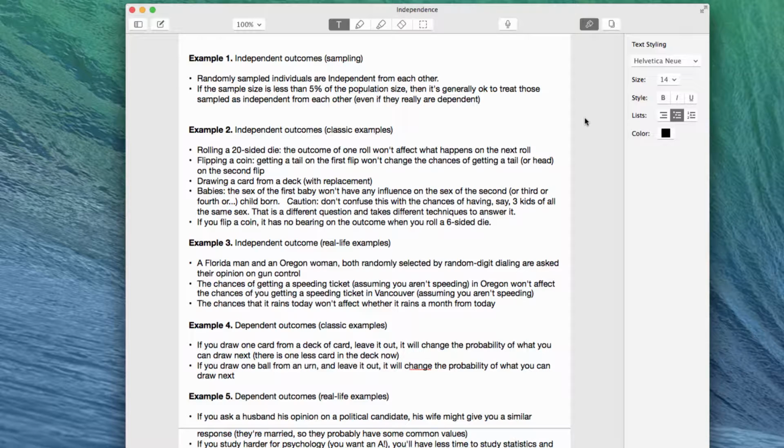Now, don't confuse this and say, well, if you have 3 kids, then the chances of having all girls is really different. That's a whole different question. That's looking at the whole sequence of 3 kids in a row, not the chances of the boy or girl for the second kid. Those are 2 different questions.